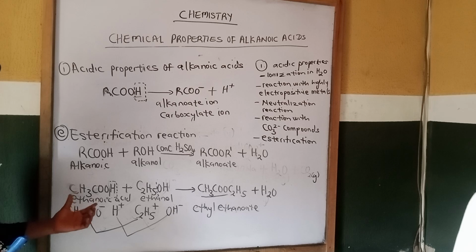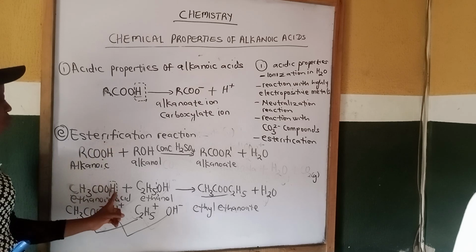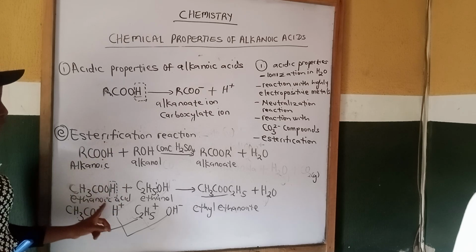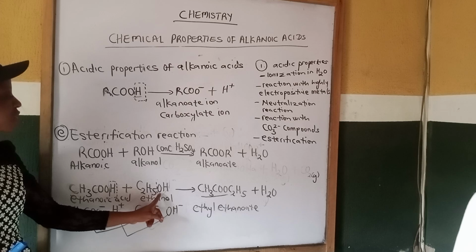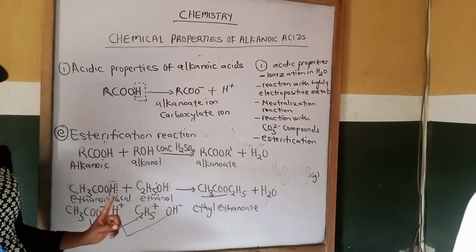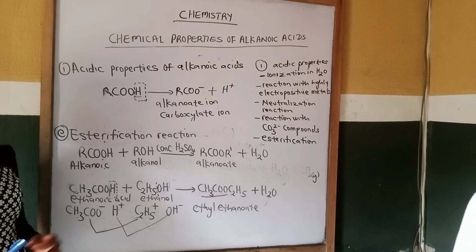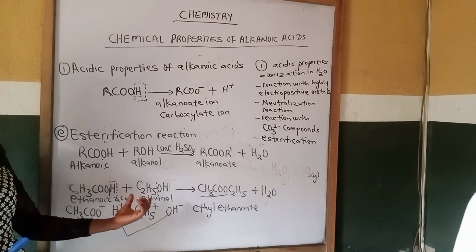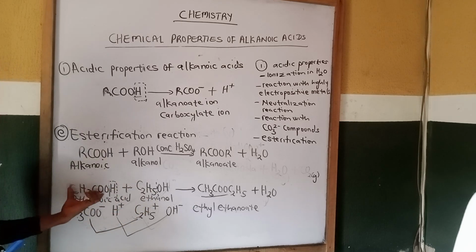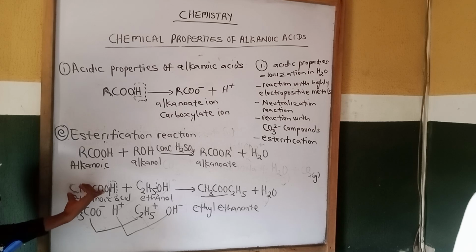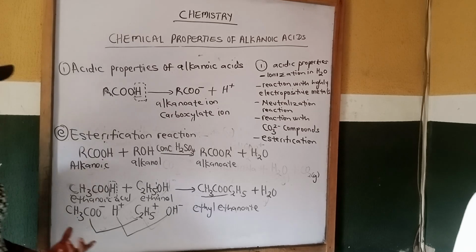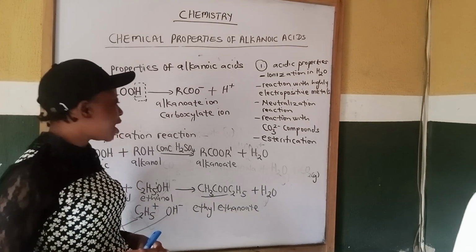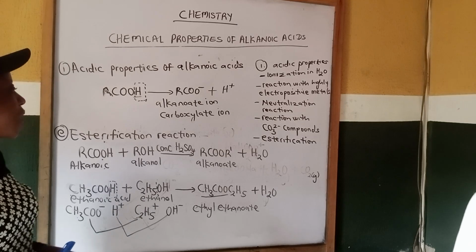Just know that the alkanoic acid will release hydrogen ion. Then the hydroxy group will be released from the alkanol and combine with hydrogen ion to give you a water molecule. Then the positive part will react with the negative part, that is the alkanoate ion, to give you a compound of alkanoate.